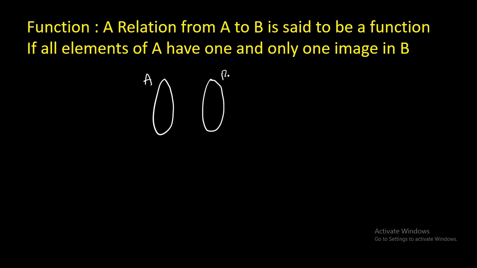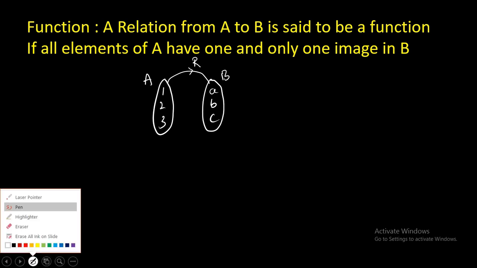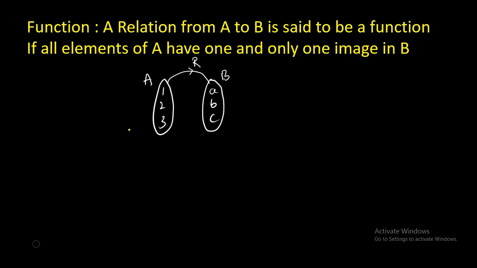Set A, set B consisting elements 1, 2, 3 in A, and A, B, C in B. So, I said there is a relation between A and B, so call it as R. Now, the relation from A to B is 1 is related to A, 2 is related to B, 3 is related to C. You can observe each element in the set A having only one image in the set B. We call the elements which are related by the elements of A as images.